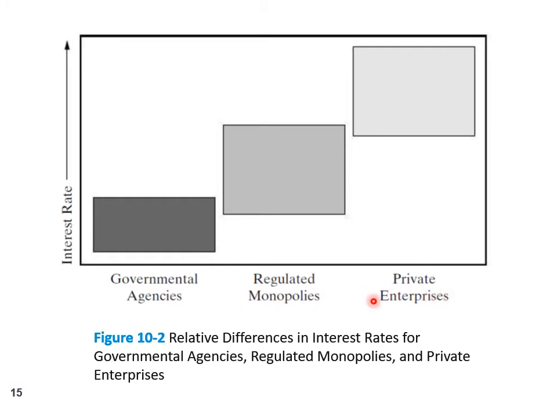If we look at the interest rates of these three groups, I mean, what interest rate they can borrow money at and use in their analysis, we see that for private enterprises, the interest rate is the highest, and for governmental agencies, the interest rates are the lowest, and regulated monopolies are in between these two.